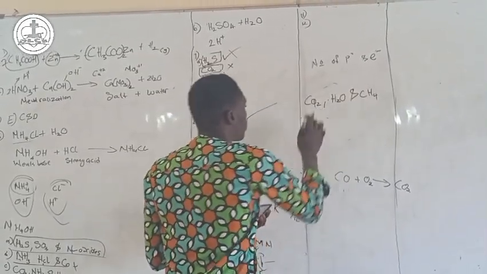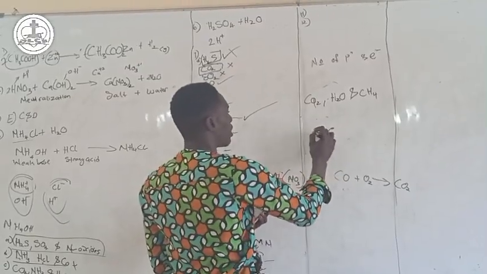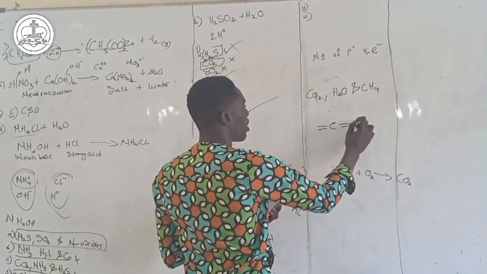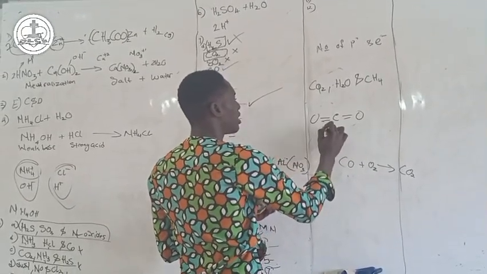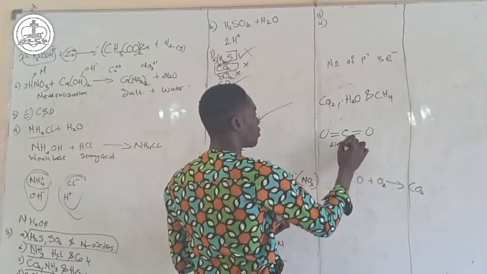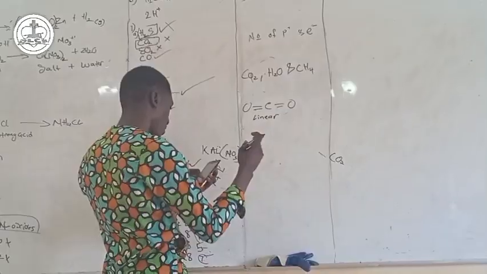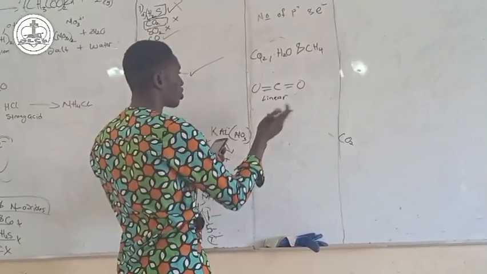The shape of CO2: C has bonds with oxygen. So this is linear. CO2 forms a linear shape.